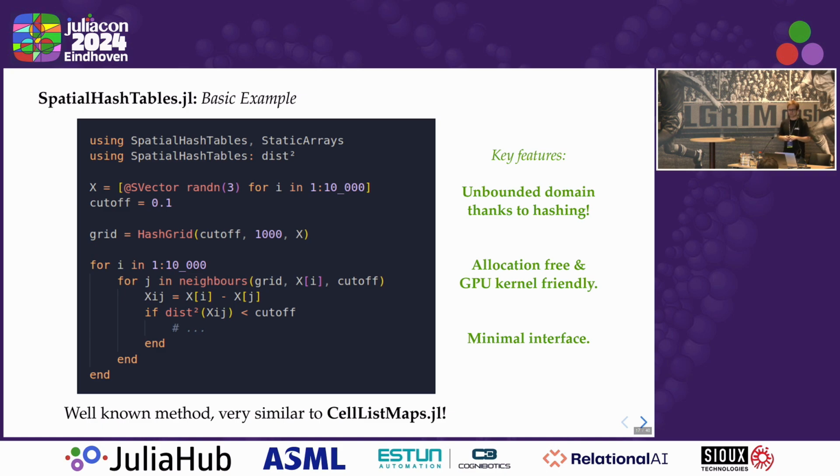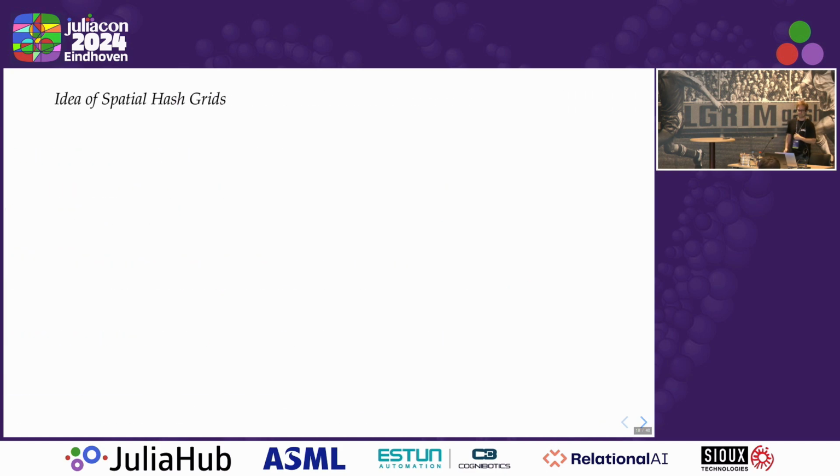And all of this is allocation free, what we see here. And I opted for a very minimal interface, so whenever you have applications where you need to quickly iterate over your neighbors, I think you can use this framework quite well. Spatial hashing is, for example, also used for collision detection or in rendering applications. So there are different setups where you maybe want to iterate over neighbors.